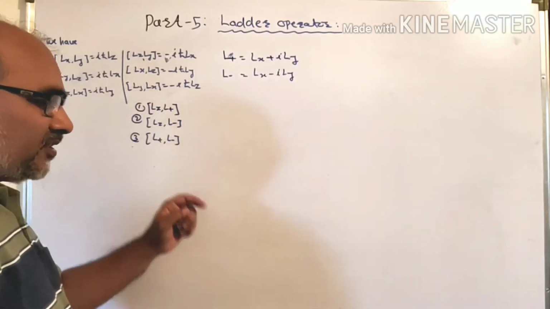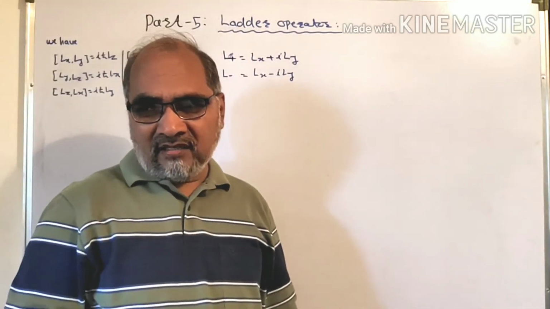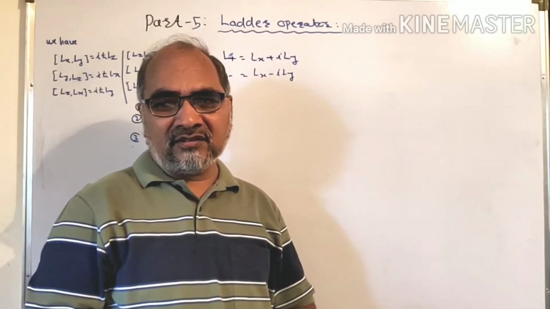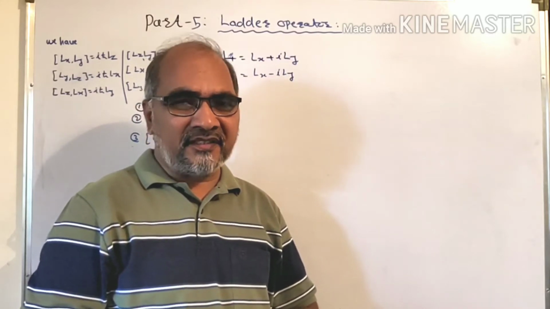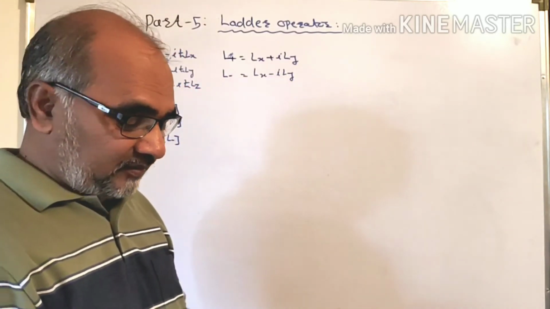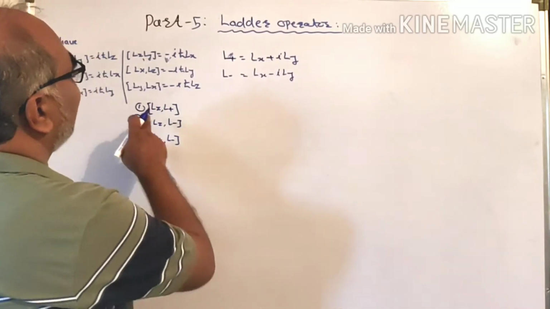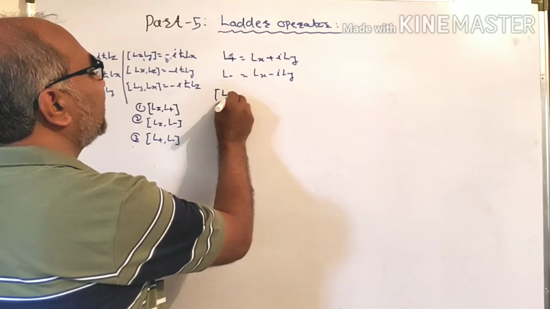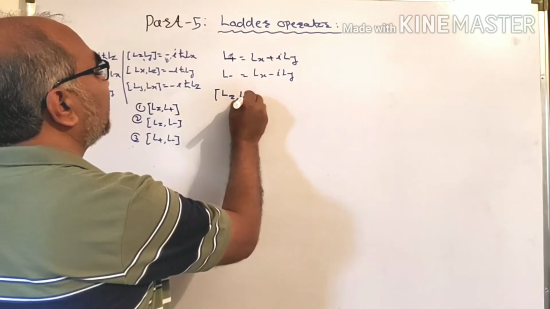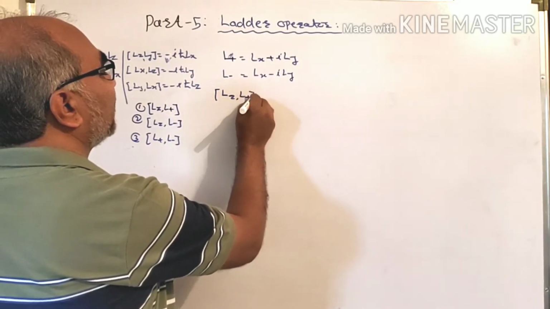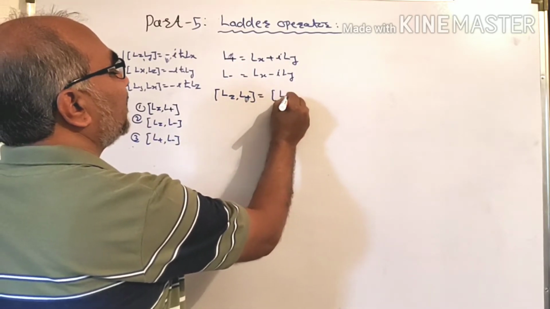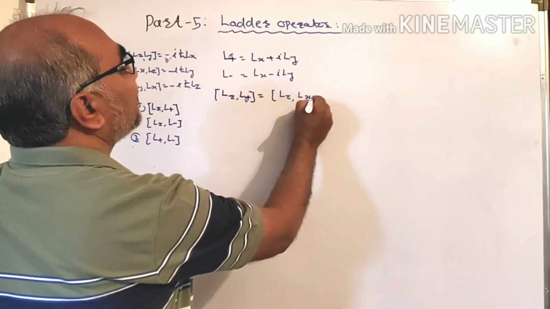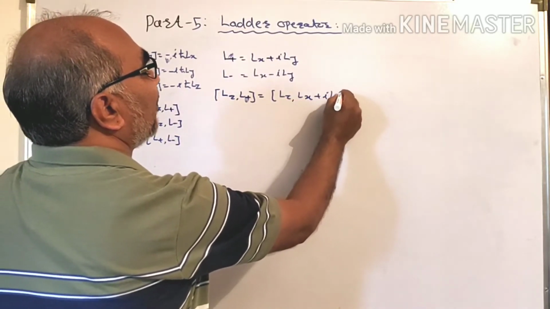These commutation relations show how the angular momentum operator Lz operates on the raising and lowering operators, or ladder operators. First we see [Lz, L plus], which is equal to [Lz, Lx plus i Ly].